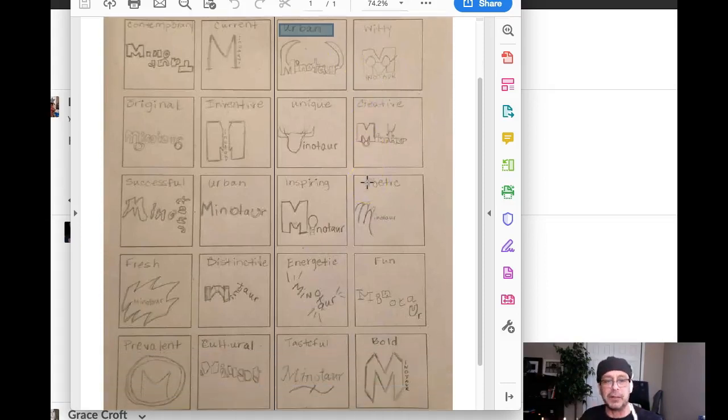Remember, the idea here is to extract data from the research that we have conducted for the client, and then based on that data, we're encoding meaning into our visual representation, whether it be through a logo, a word mark, or next week through the monogram. So that's the thought process, right?